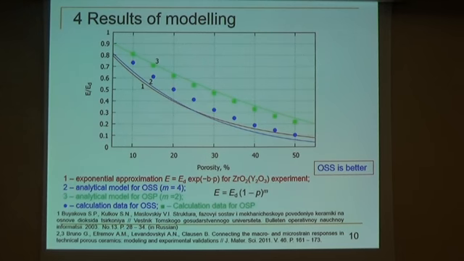You can see that calculation for spherical pores gives higher values of elastic modulus, but overlapping solid spheres agree better with the experimental curves presented here, and those green and blue curves are analytical models for such pore morphologies.